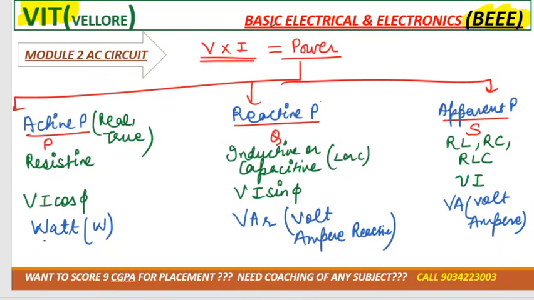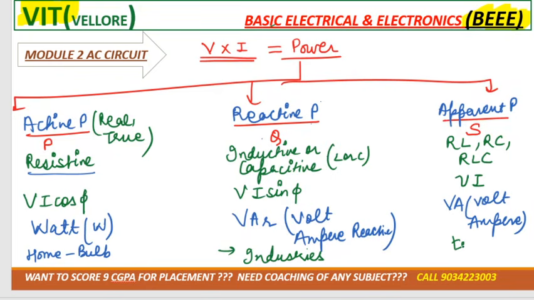Active power is where we are using a resistive load, as we use at our home, like a bulb or whatever appliances we use at home; that is active power consumed. Inductive and capacitive loads we mainly get in factories, in industry, where we are running induction motors.